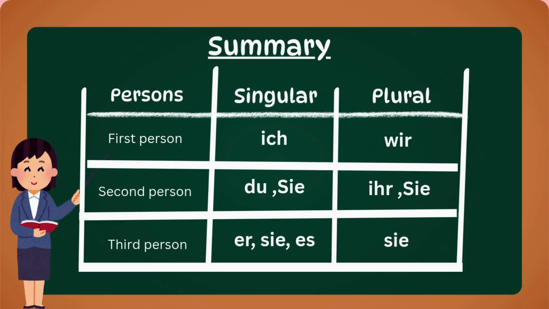For second person, du is the singular pronoun, and ihr and sie in the formal sense are the plural pronouns. In the third person, er, sie and es are the singular pronouns and sie is the plural pronoun. Here the word sie means they.